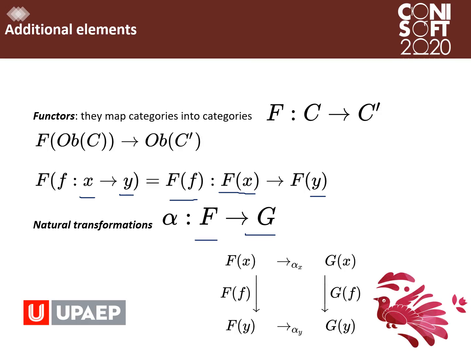As we can observe in this slide, a natural transformation generates a commutative diagram. This means that the composition of alpha y and F f is equal to the composition of G f with alpha x. So we have the same result from here to here as following the opposite direction.